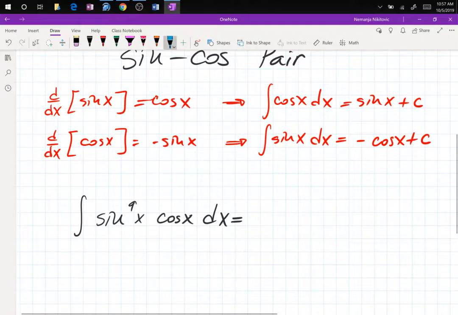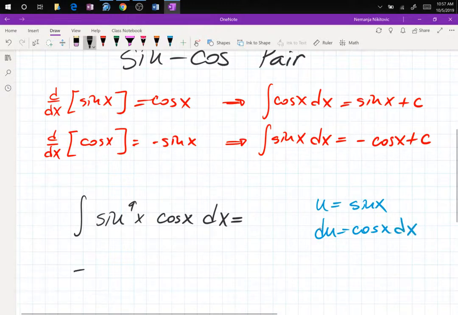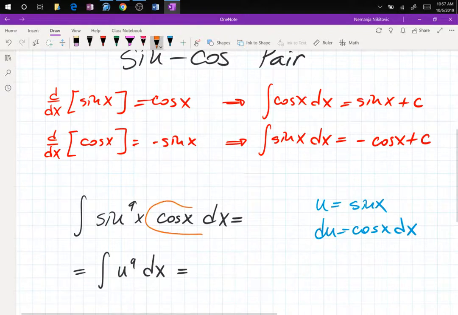So we see that the derivative of sine is cosine. So the u sub over here is the perfect match. I usually like to say here's the peanut, right? And you can see the peanut right there is the du. And then you have sine to be u, so u to the 9 du. Oh, I put dx.